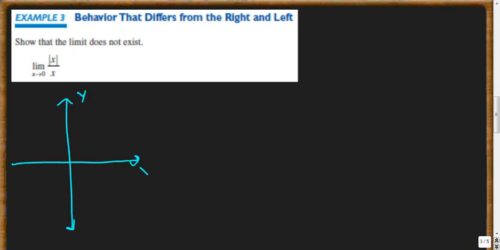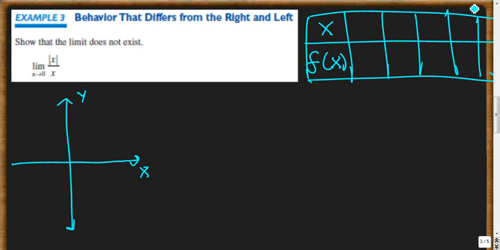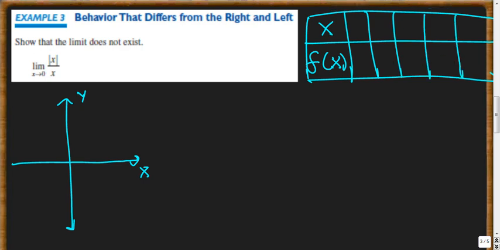So we've got y and we've got x, and we can also make a little chart to help us. If we're looking at the point around 0, so we'll say 0's here, and we're going to have -1, -2, we're going to have 1, we're going to have 2.